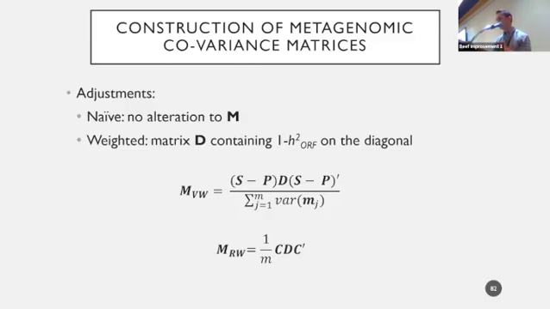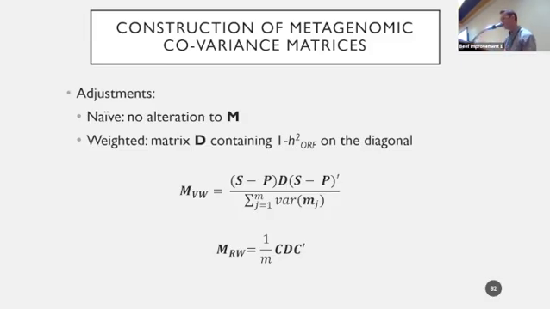And then in the denominator, we're simply scaling this using the variances of all those ORF. The D matrix, that diagonal matrix, that's what we're using to weight these microbial relationships, if you will. And that's 1 minus the heritability of the microbial feature, right? Because what we're wanting to do is create, as best we can, independence between the additive genetic effect of the animal and this microbial random effect that we're fitting.